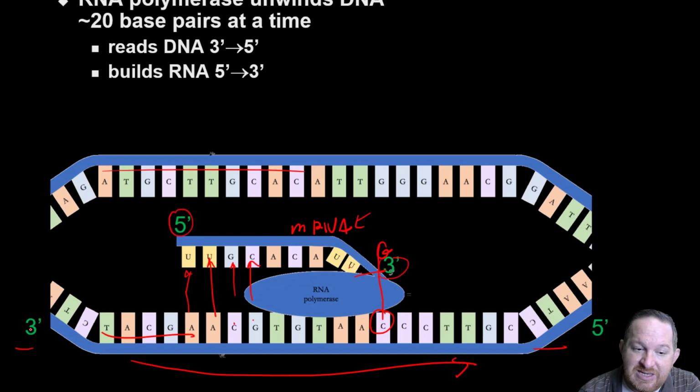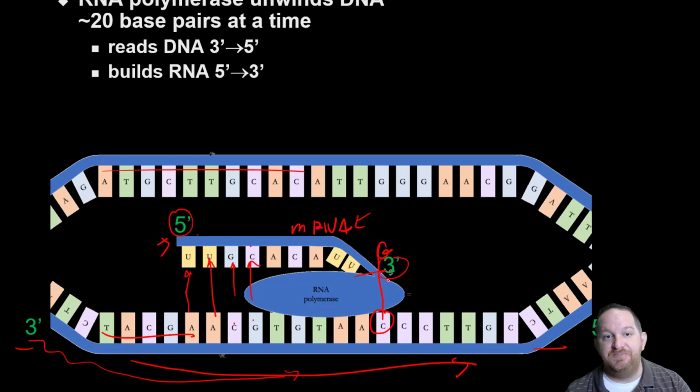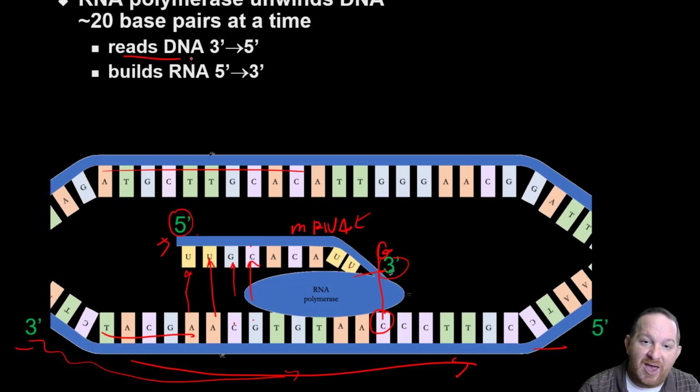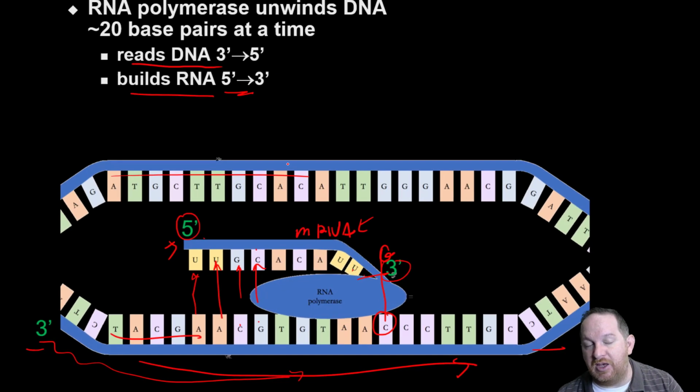So even though the DNA was read 3' to 5', notice that the new strand of messenger RNA was manufactured from the 5' to 3', right? Because this 5' end matches this, and that's the 3' end. So it's read 3' to 5', the DNA, but the new RNA is built 5' to 3'. That's called the elongation phase.